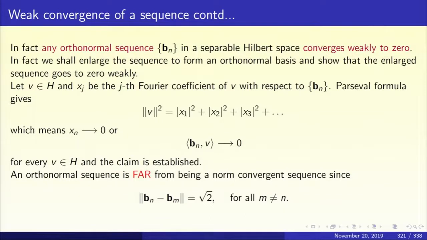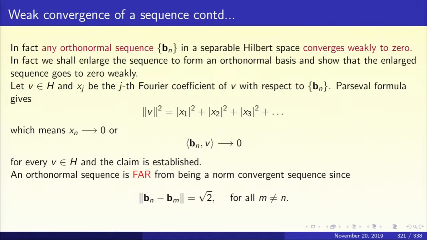Take a vector V in H and let xj be the jth Fourier coefficient of V with respect to this orthonormal basis Bn. Then what does the Parseval formula tell you? The Parseval formula tells you that norm V squared equals mod x1 squared plus mod x2 squared plus mod x3 squared plus and so on. We have proved this in great detail in this module.